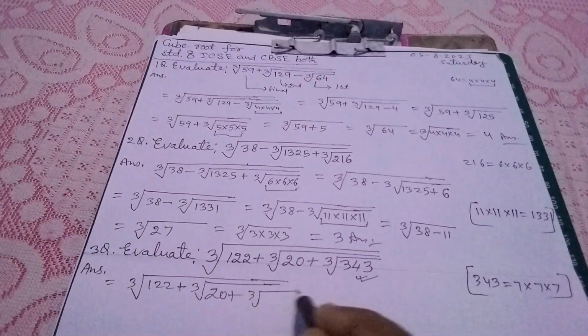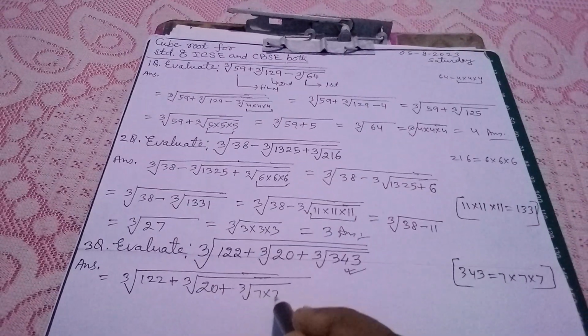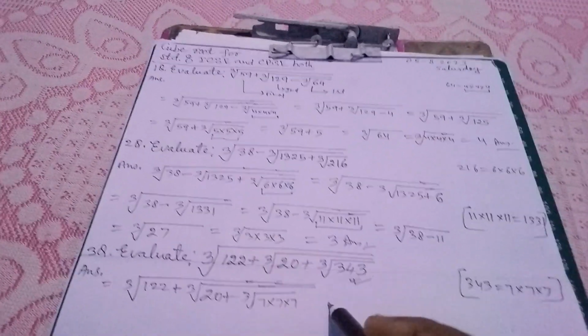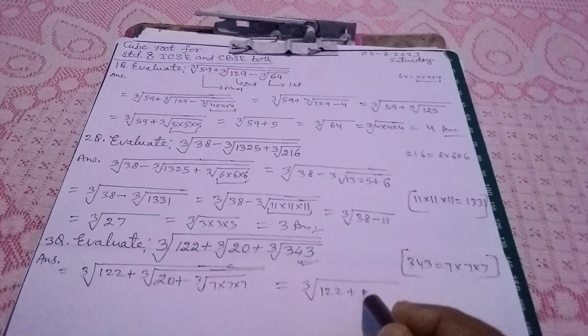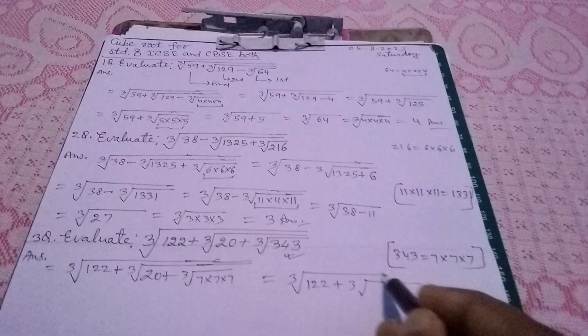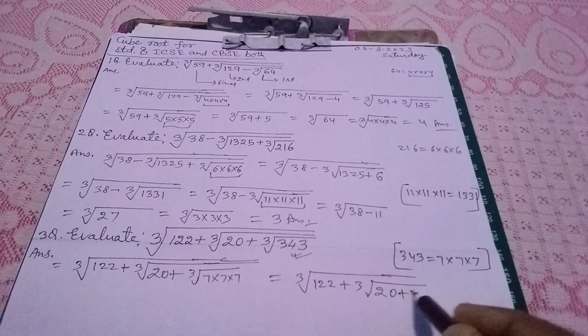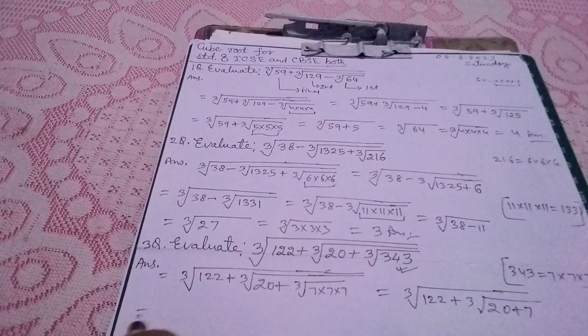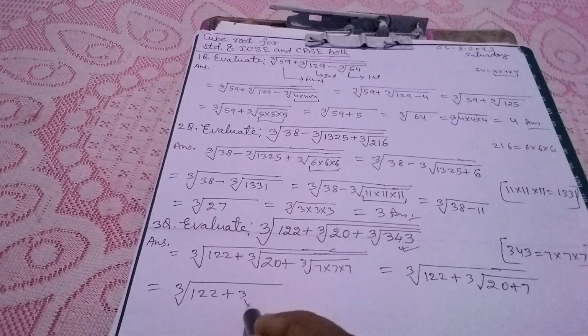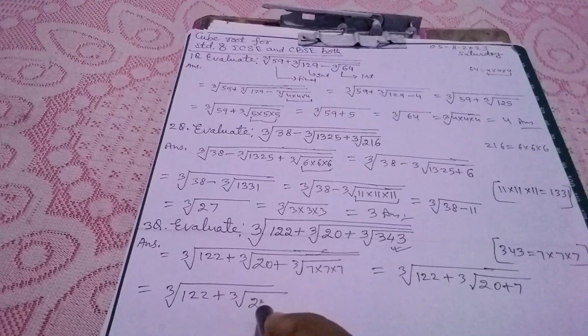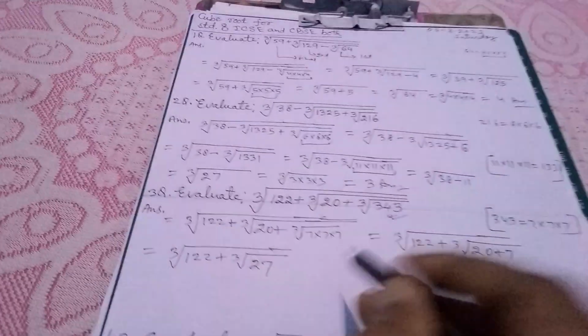So for these three factors, 7 into 7 into 7, one factor will be out, and then it will be cube root of 122 plus cube root of 20 plus 7, and that's equal to cube root of 122 plus cube root of 127. 20 plus 7 is 27.